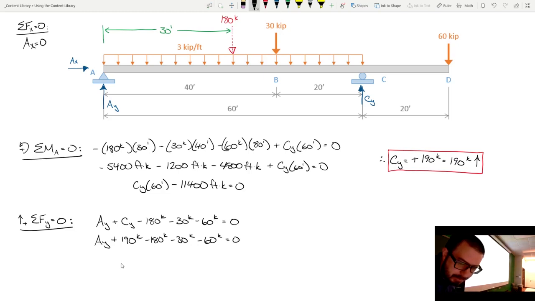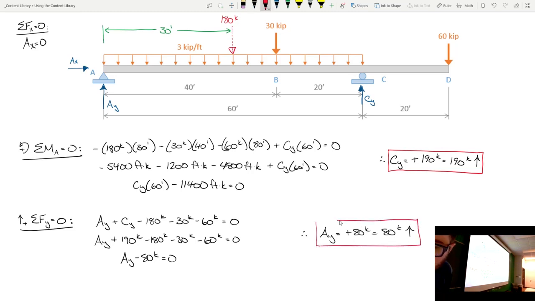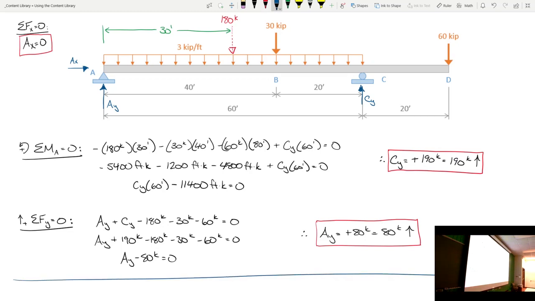So AY minus 80 is 0. So I have 80 kips going upward. To be consistent, let's circle that one too. And so those are our support reactions.